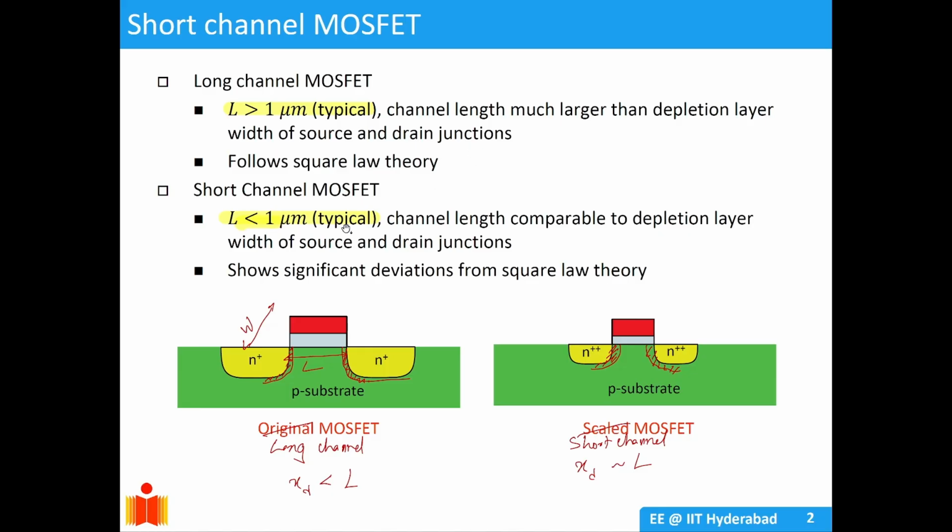But in a short channel MOSFET, the length is typically less than 1 micron, and the channel length is comparable to the depletion layer width of the source and drain junctions. And it shows significant deviations from square law theory.